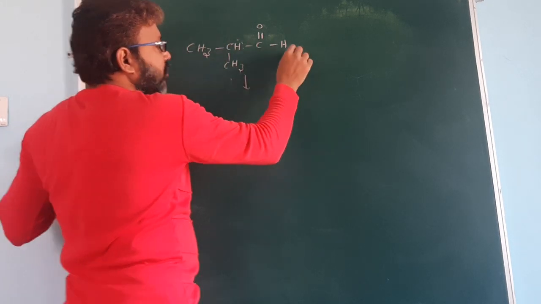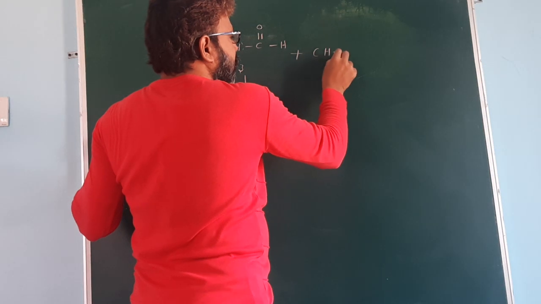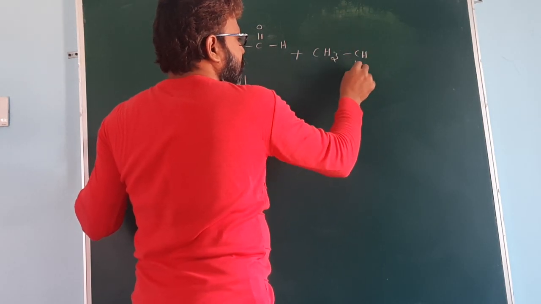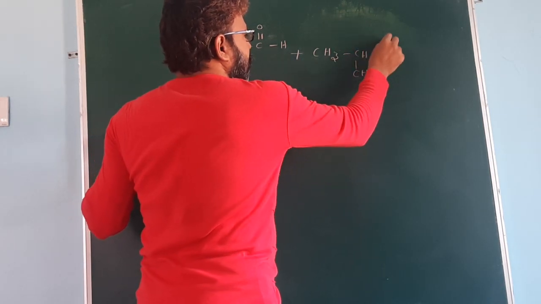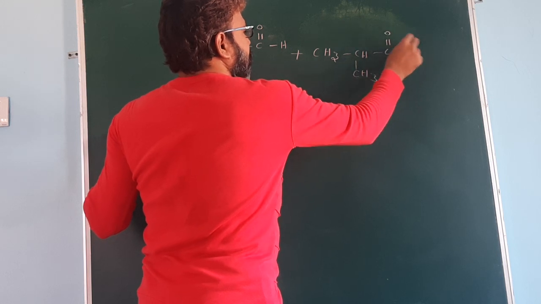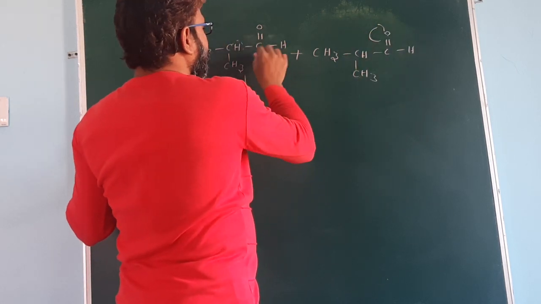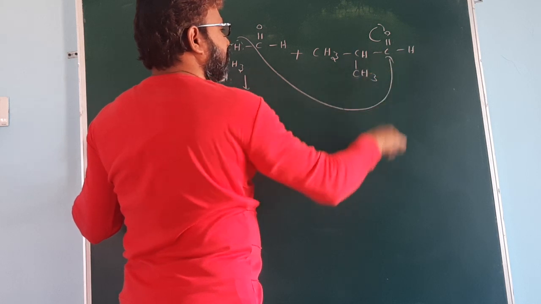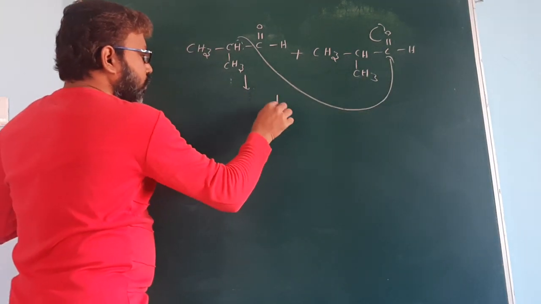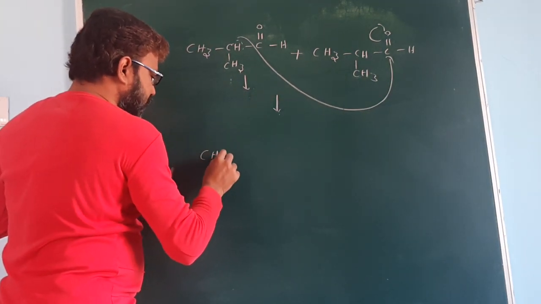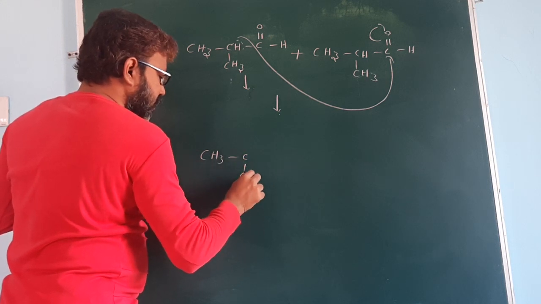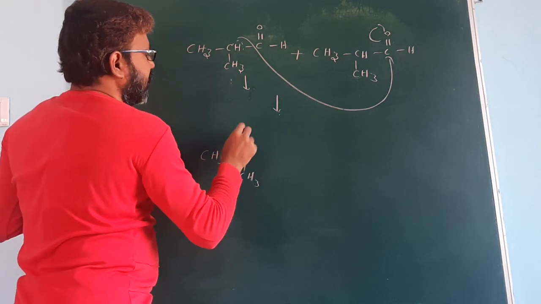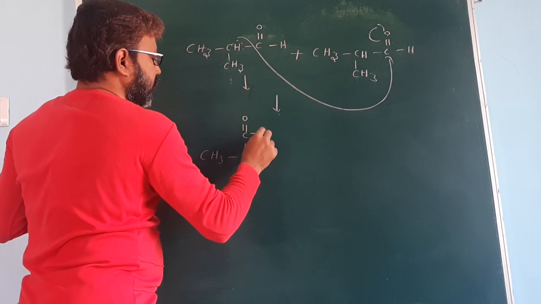It reacts with another mole of 2-methylpropanal, this carbanion attacks here, and we get this one: CH3, C, CH3, C double bond OH.